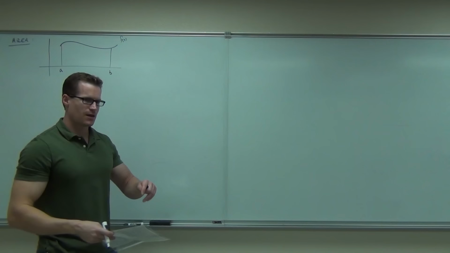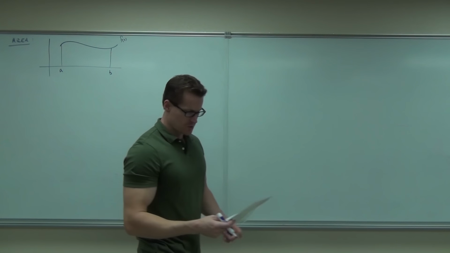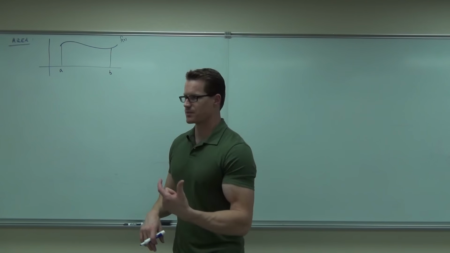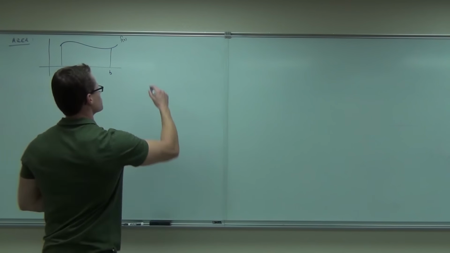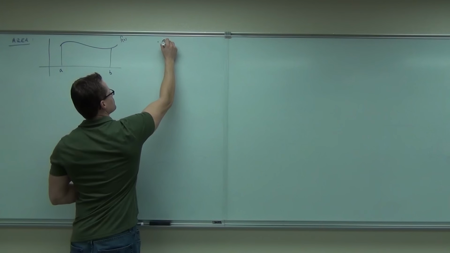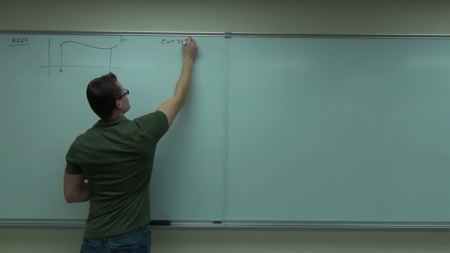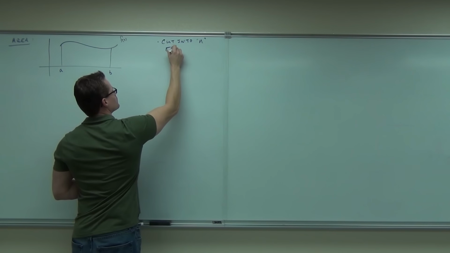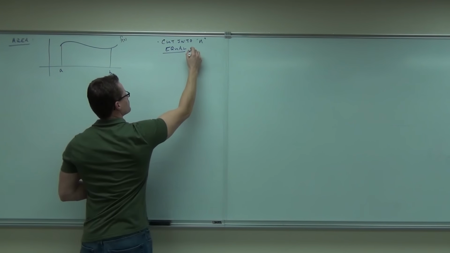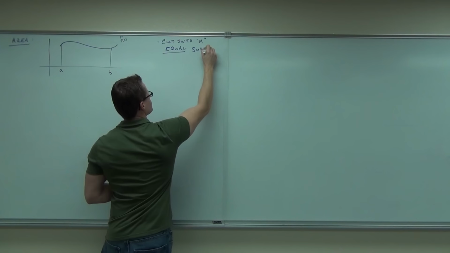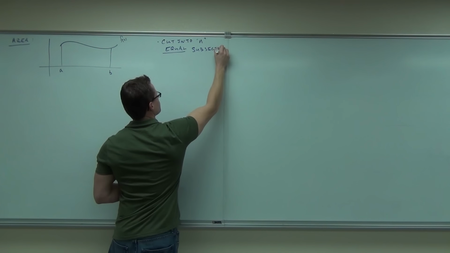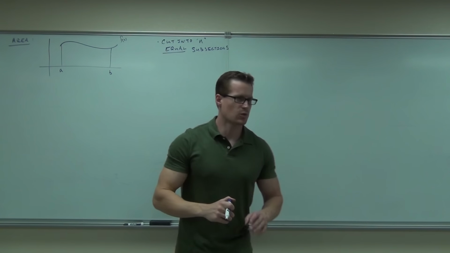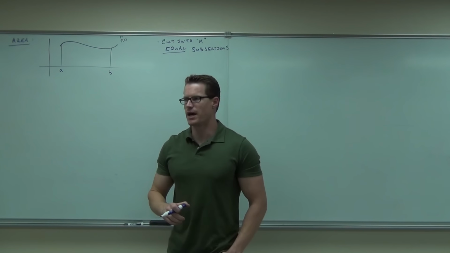The idea that I gave you initially was, what if we were to cut this space into n equal subsections? The fact that it's equal just makes them easier for what we're going to do next.